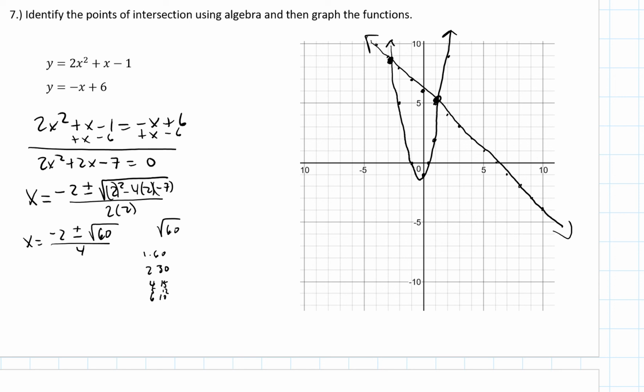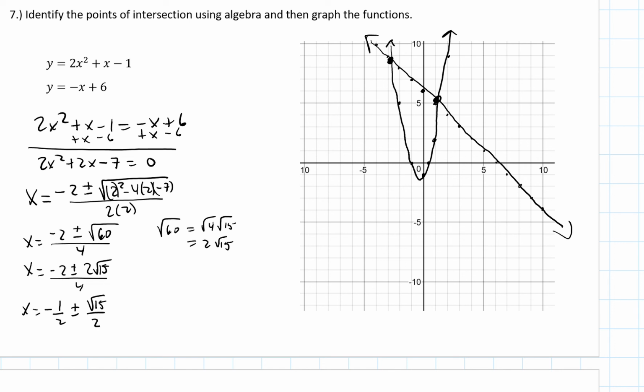So the two factors are the square root of 4 and the square root of 15, so that's going to be 2 root 15. So then x equals negative 2 plus or minus 2 square root 15 divided by 4. So x equals negative 1/2 plus or minus root 15 over 2.